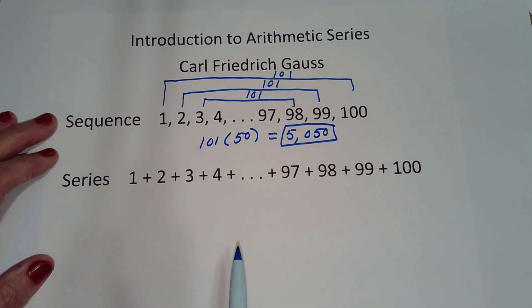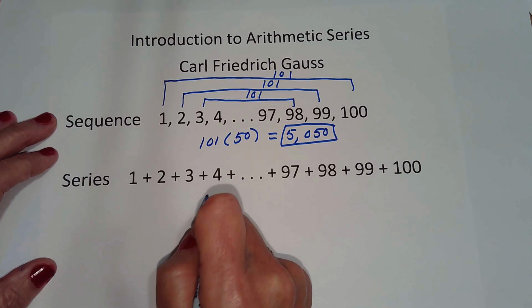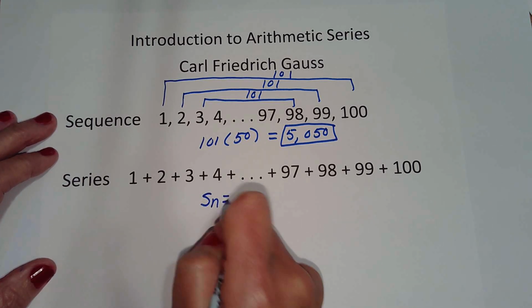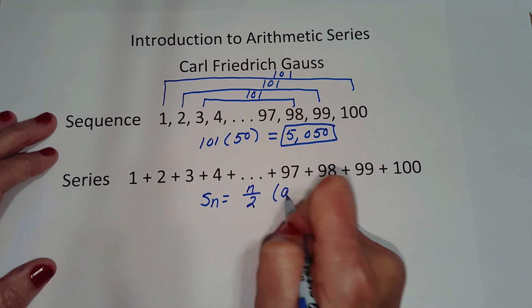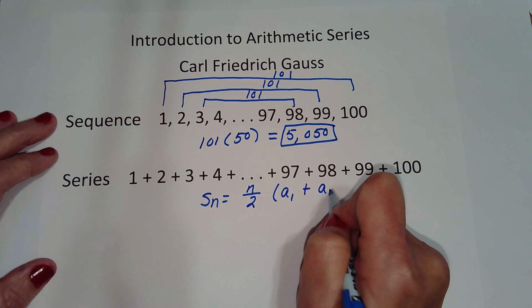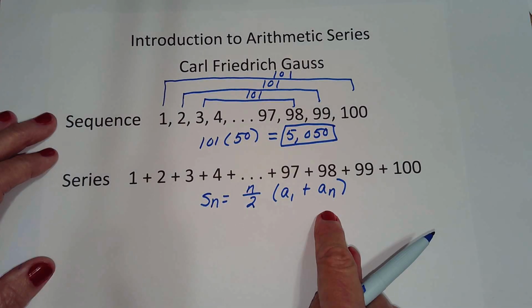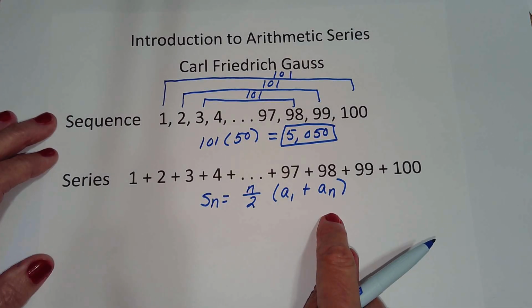There is a simple formula for the sum of a finite arithmetic sequence. It is S sub n is equal to n over 2 times (a sub 1 plus a sub n). Let's use the example above to make sure that we can easily remember this.